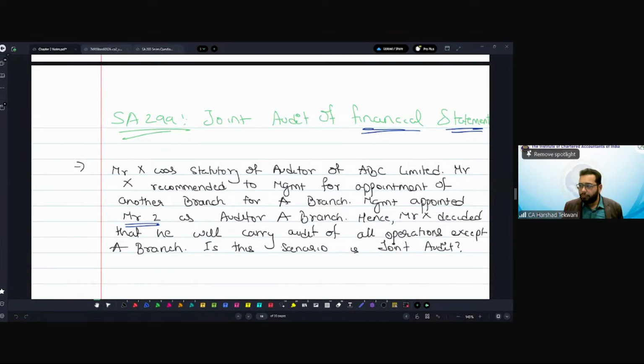Scope. Okay, scope. Anyone else? Division of work among the auditors. Okay, yes, good. Division of work. Signing of financials. Okay, signing of financials.